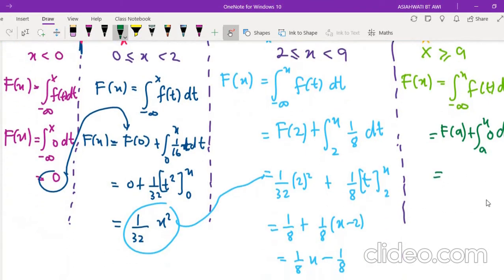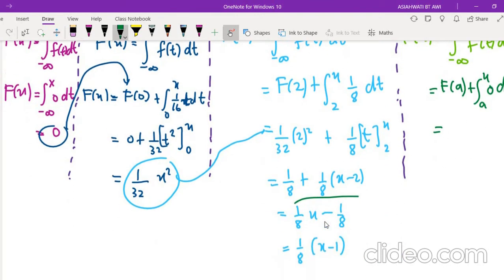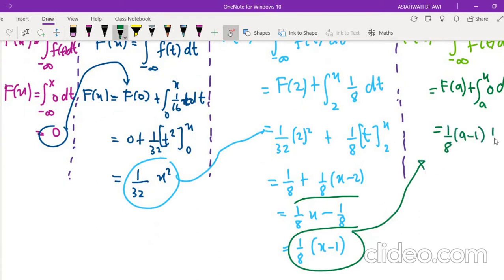So take F(9): substitute 1 over 8 times (9 minus 1), plus 0, which is equal to 1 over 8 times 8, equal to 1. For a cumulative distribution function, make sure it starts at 0 and ends up at 1.